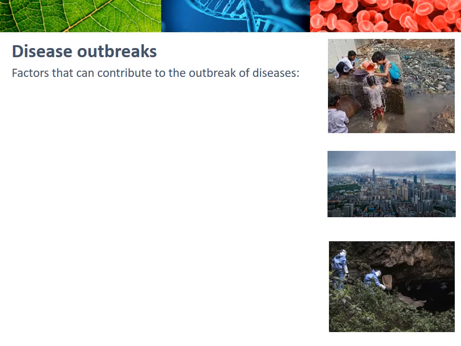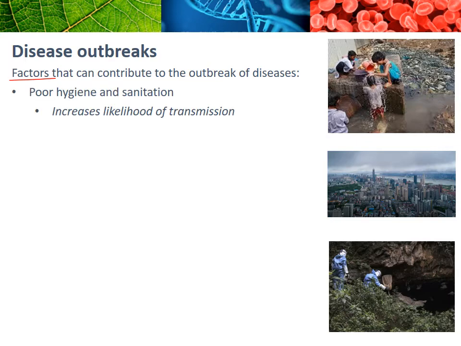It is worth knowing some of the factors that can contribute to outbreaks. So remember, like I said, pathogens don't appear out of nowhere. They're generally existing for a very, very long time, and then all of a sudden they either jump into humans or they become more of an issue, and then they spread. So some of the factors are poor hygiene and sanitation.